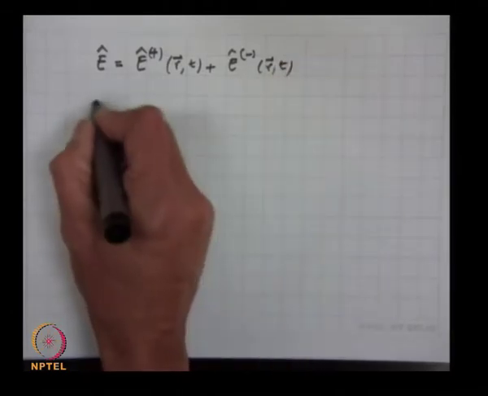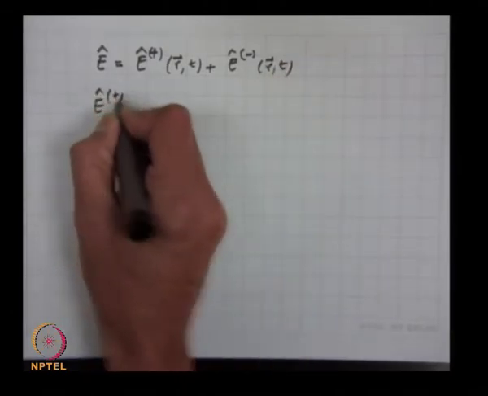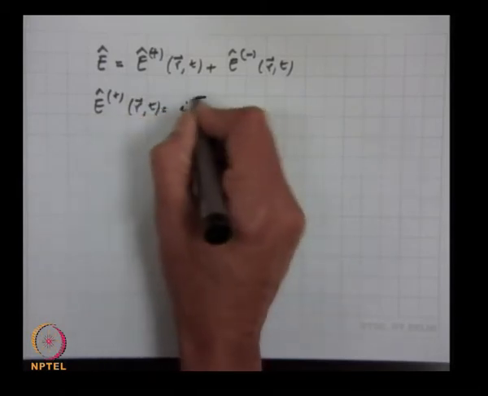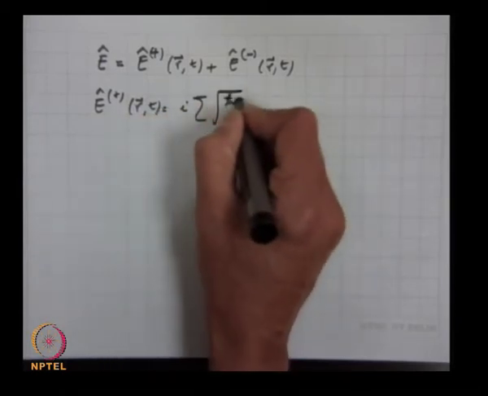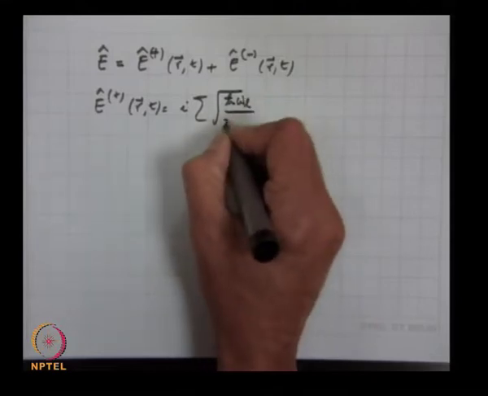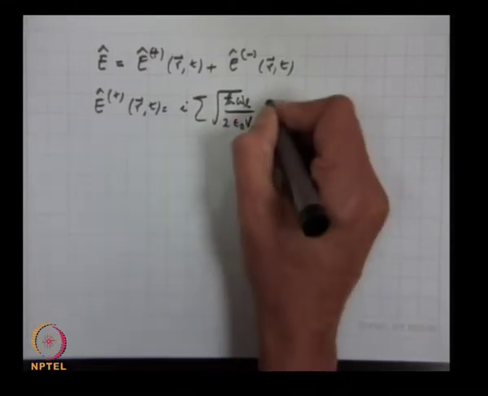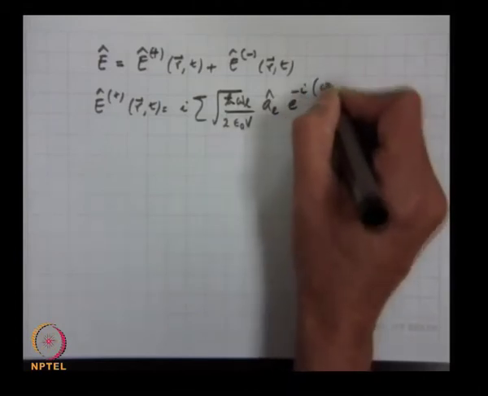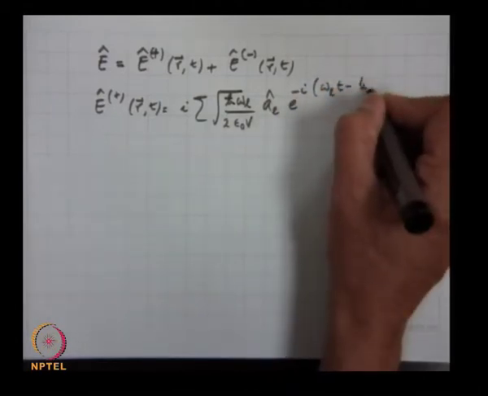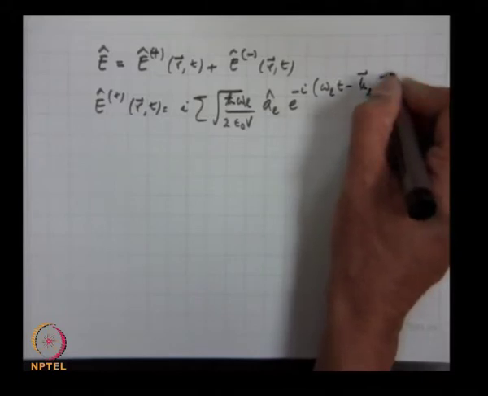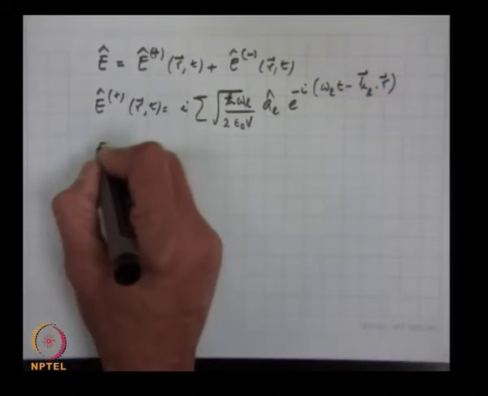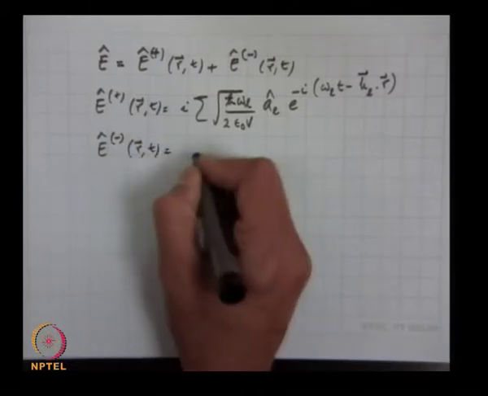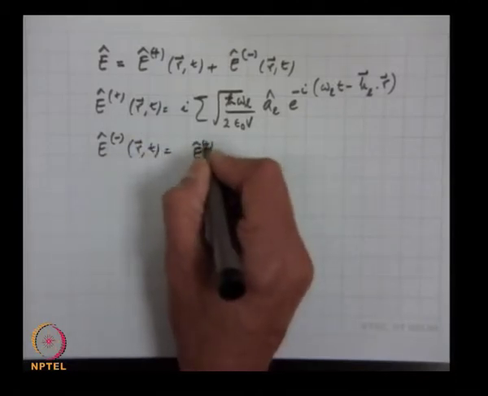The positive frequency part is i sigma under root h cross omega_L by 2 epsilon_0 V_L, exponential minus i omega_L (t minus k_L dot r). And the negative frequency part is simply the Hermitian conjugate of this.